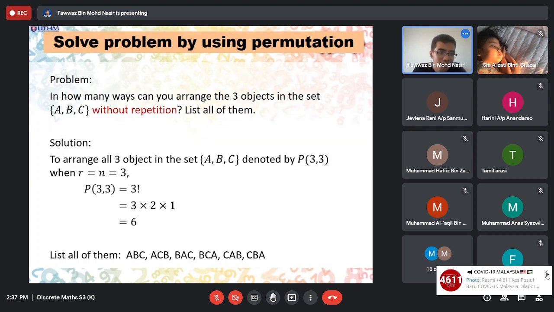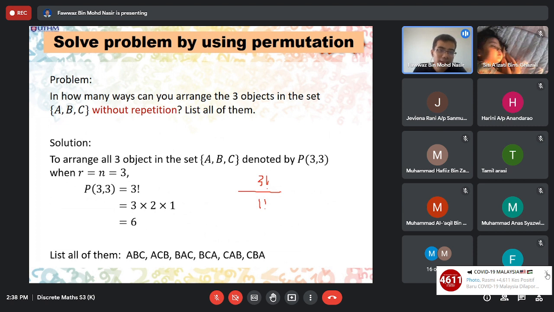So you just substitute the values. n is 3, so 3 factorial divided by n minus r. n is 3, r is 3, so 3 minus 3 is 0 factorial, which is 1.